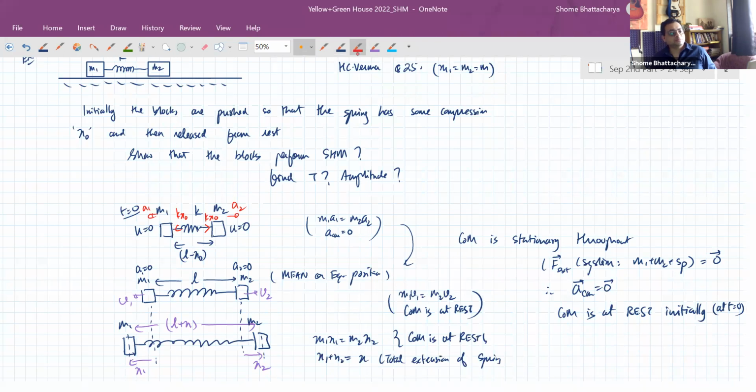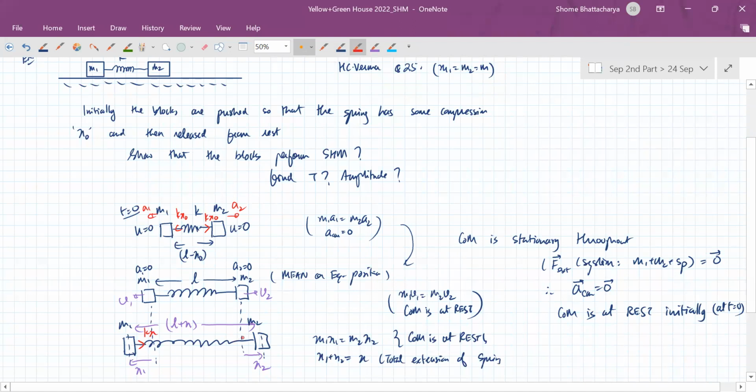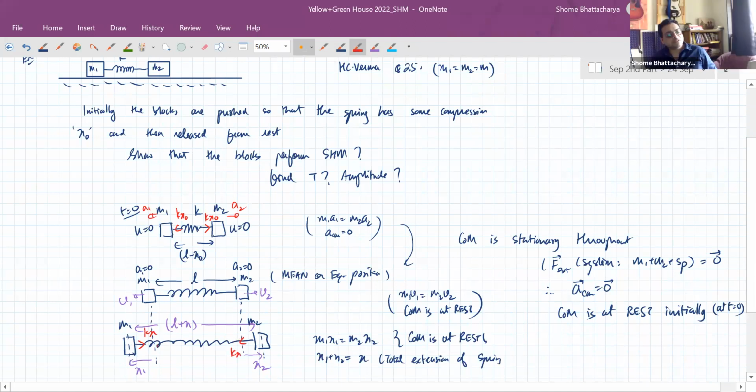In terms of force, this block is experiencing tension like this, and this block is experiencing tension like this. So they have accelerations A1 and A2 like this. Next we'll write the FBD equation of M1 and M2, and from that we'll understand that they are doing SHM.